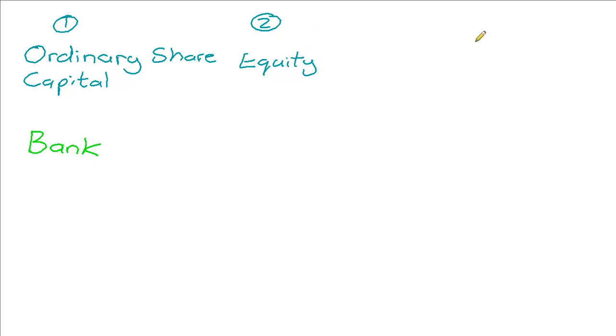Bank, you should by now know, is an asset that belongs to the entity. The last question we need to ask is, was this an increase or a decrease in these accounts? We issued more shares, so that is clearly going to be an increase.